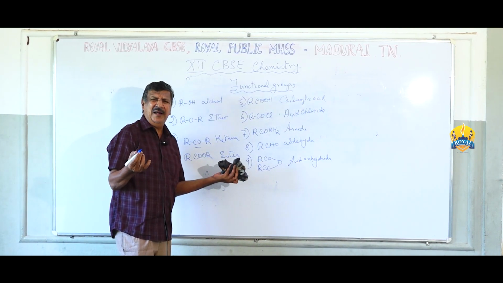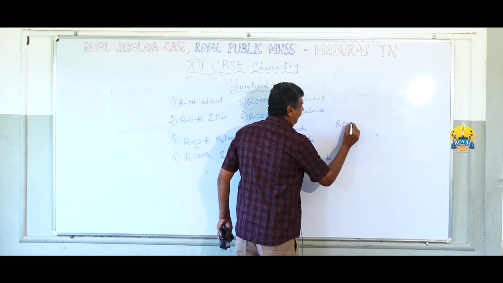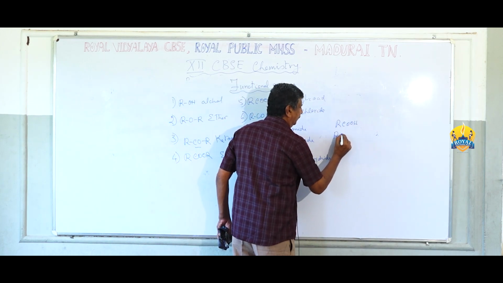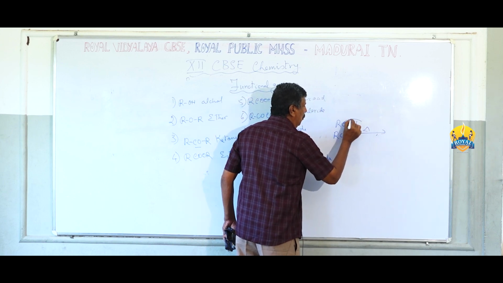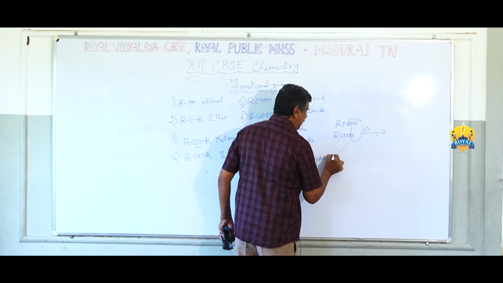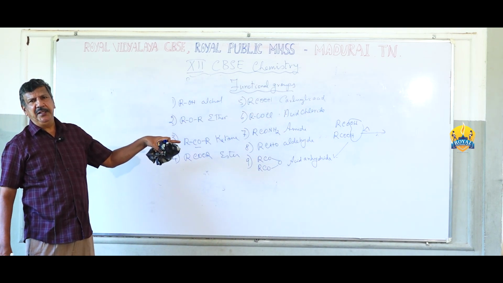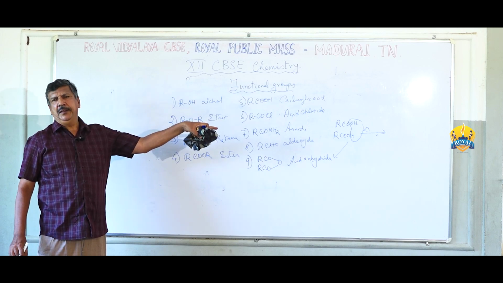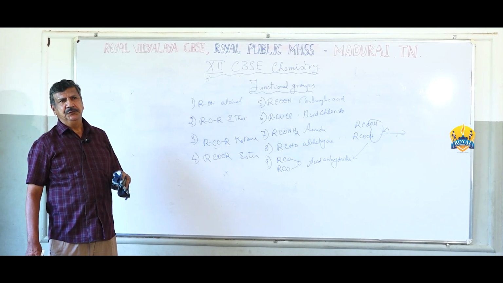Why is it called acid anhydride? Because it is obtained from acid like this. You see, I am writing two acids and removing one water. That's all. So it is called acid anhydride.